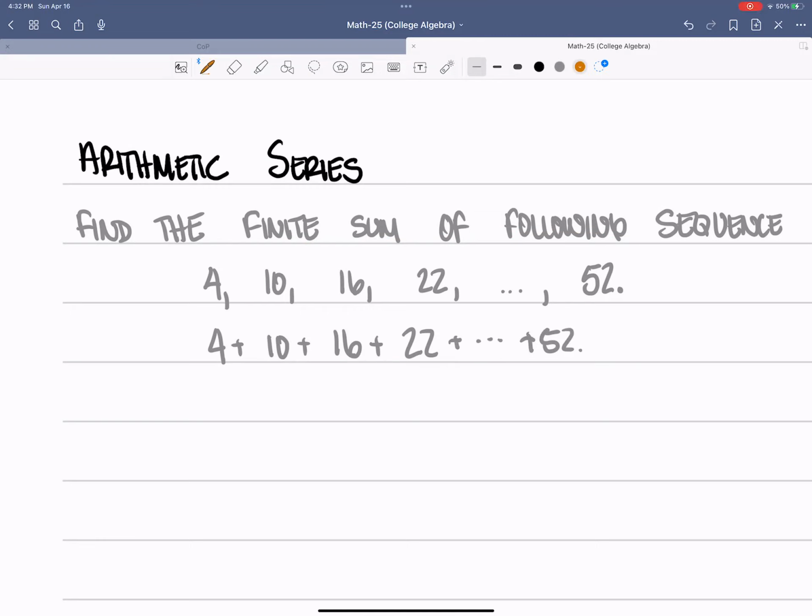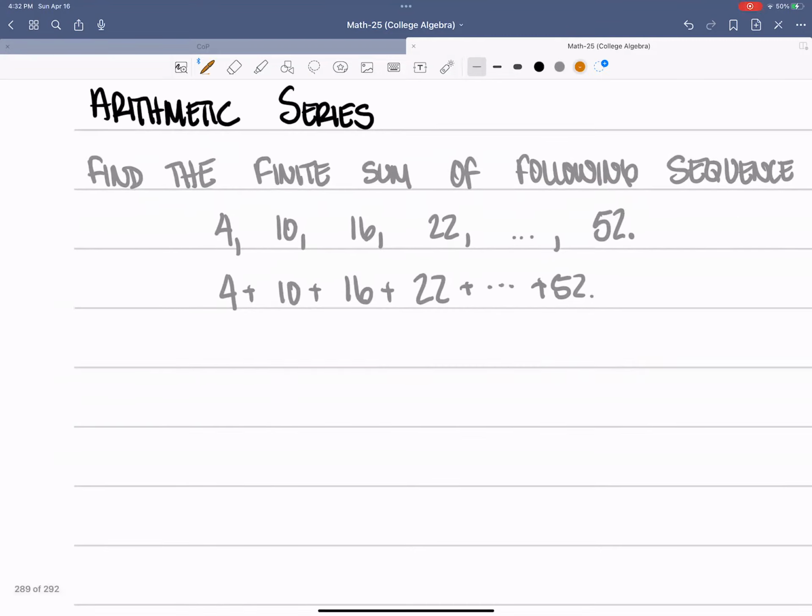And of course, we have a formula to make this a lot easier on us. The formula for the arithmetic series is S sub n is equal to n times the first term a1 plus the last term an, and we're dividing all of that by 2.